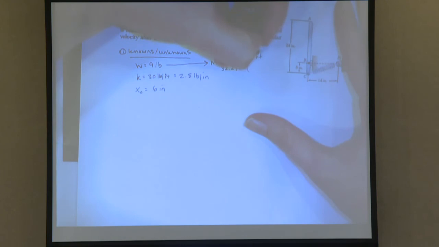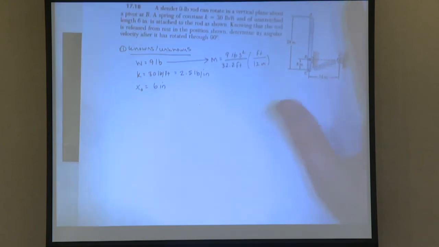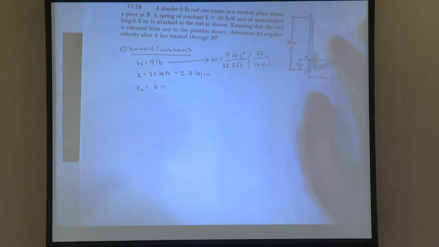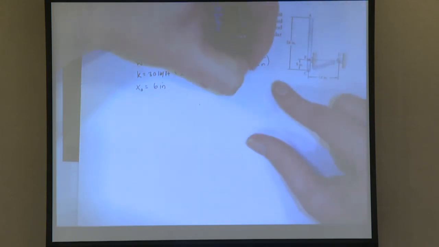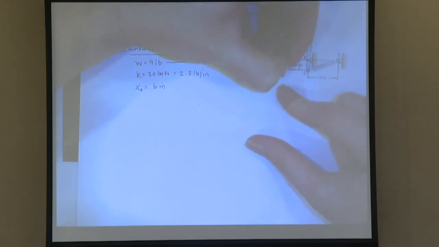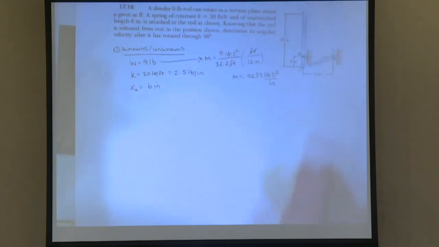I think I warned you guys in SI that I did a problem like this, and I got lazy, so I just converted everything weird. Never mind. So I get a mass of 0.0233 pounds second squared per inch.